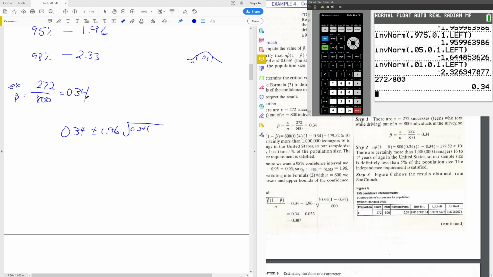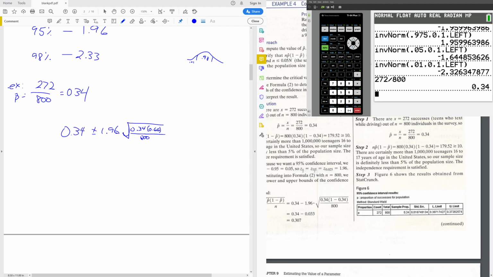So if 34% say they do, what percent don't? And that would be 66%. So 0.66. Divided by the sample size, which is 800. Make sure that's all inside the square root. Okay?